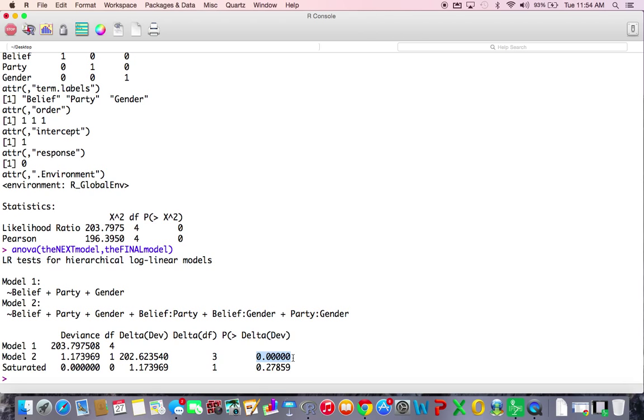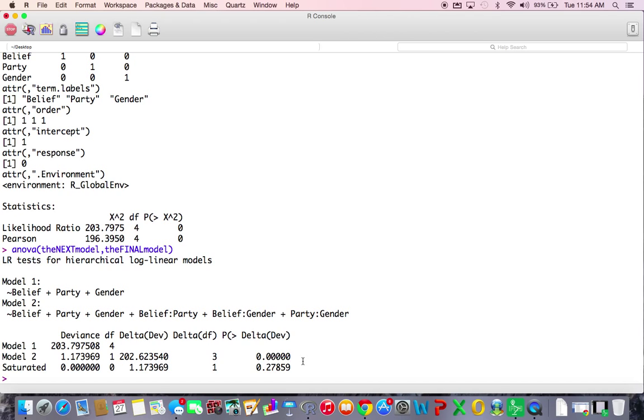Now, guys, what it tells me from here is that I need to examine to remove the two-way interactions. And when I get down into my main effects, then I have statistical significance. Now, what does this tell us? This tells us that we need to examine the previous model to see where we have statistical significance.